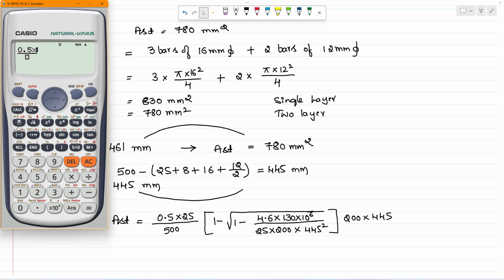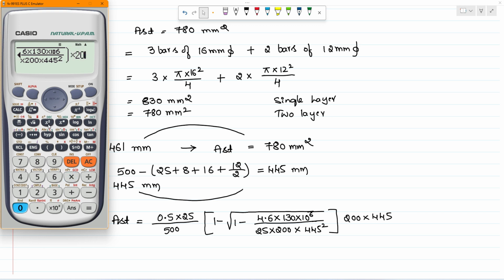So it is 0.5 into 25 divided by 500 multiplied by 1 minus square root of, again 1 minus 4.6 into 130 into 10 power 6 divided by 25 into 200 into 445 square.